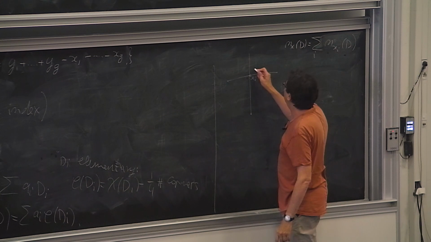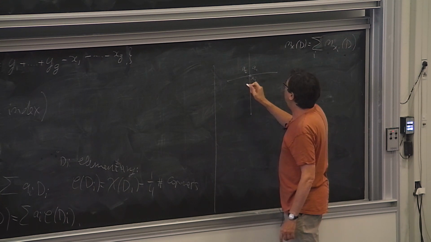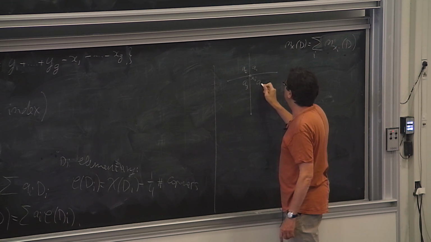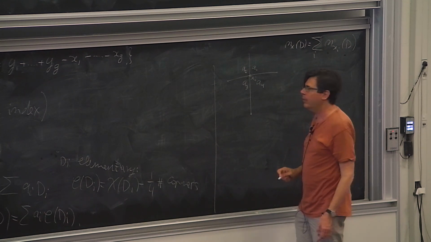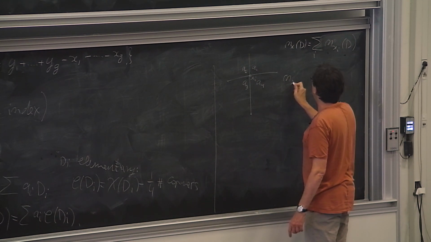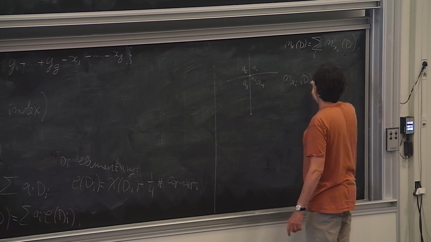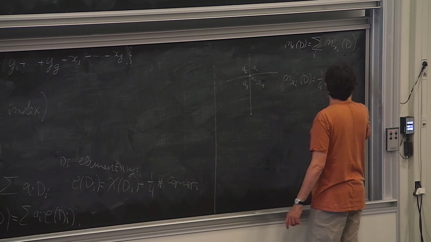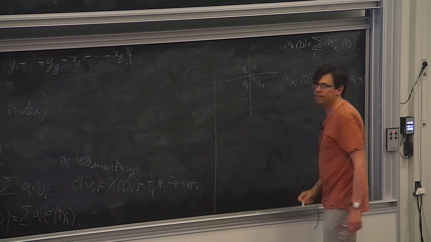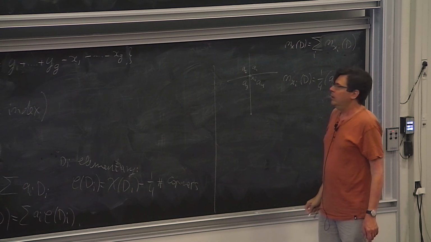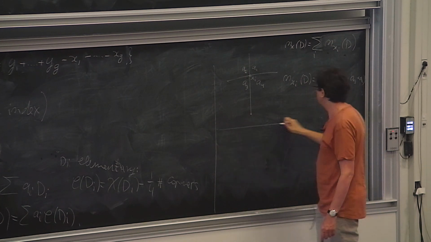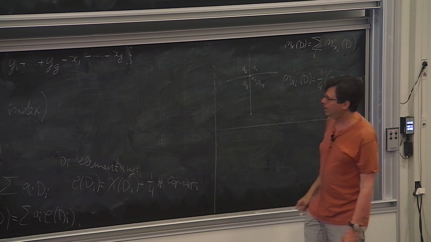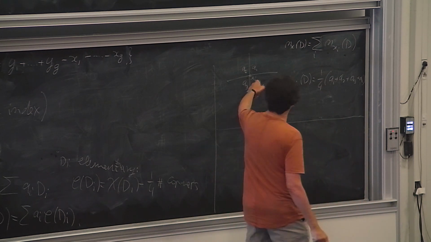And those will have coefficients a1, a2, a3, a4. And then nxi of d will be 1/4 (a1 plus a2 plus a3 plus a4). And for y the same, you do it with y.